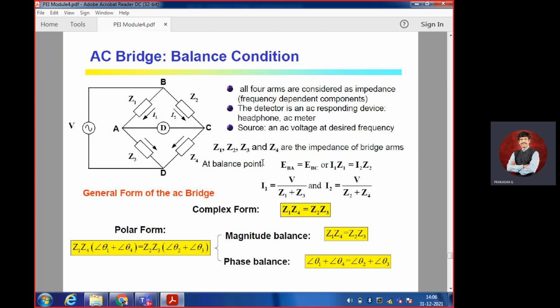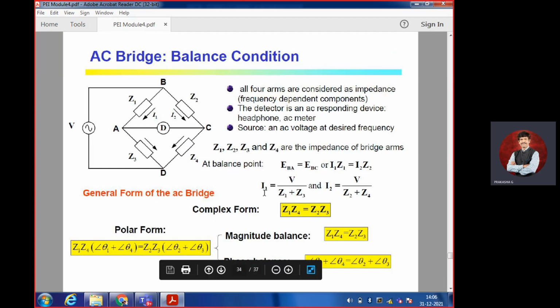At the balanced point, I1 Z1 should be equal to I2 Z2. Similarly, in your previous case also, the same procedure we are following.